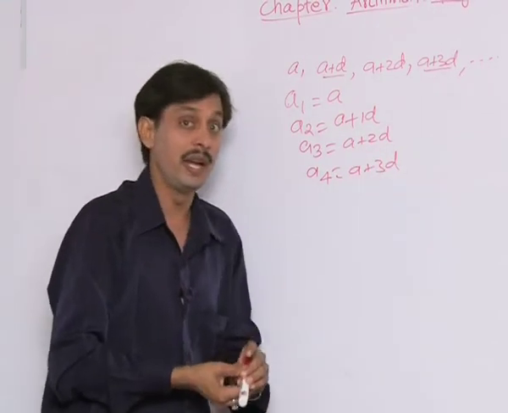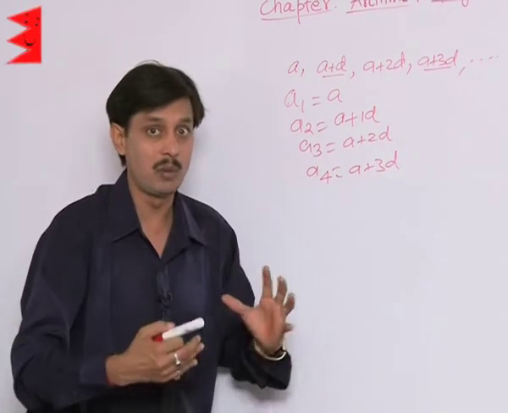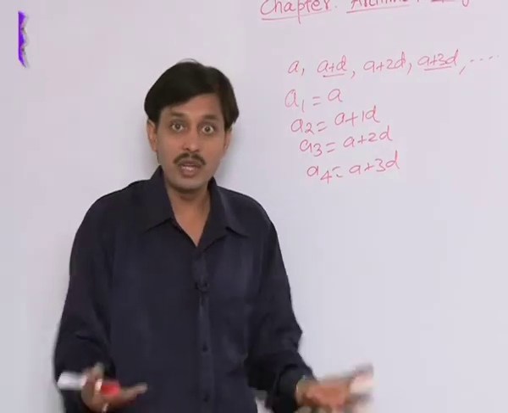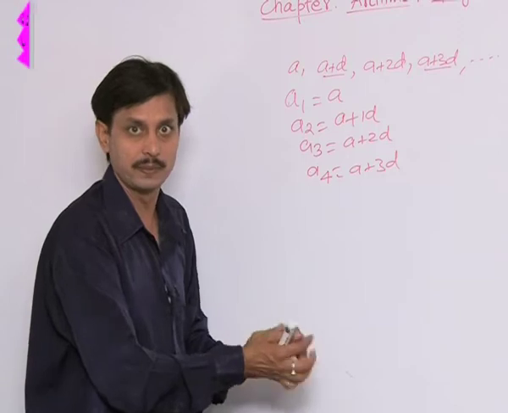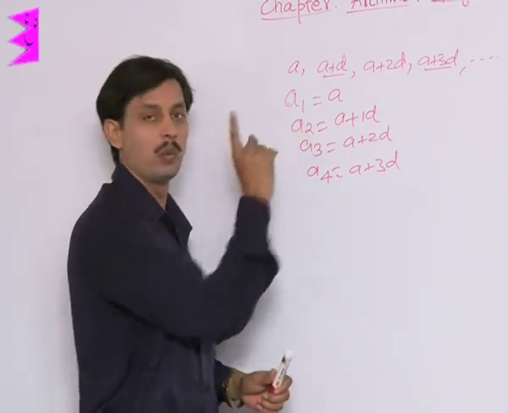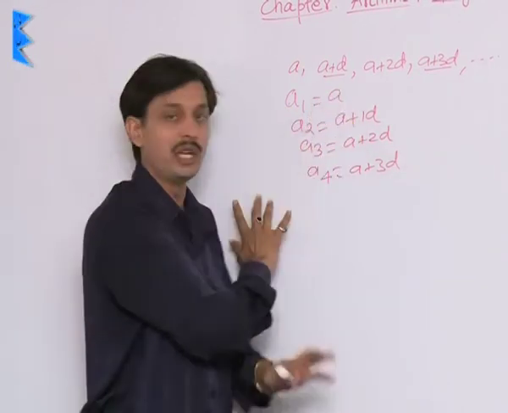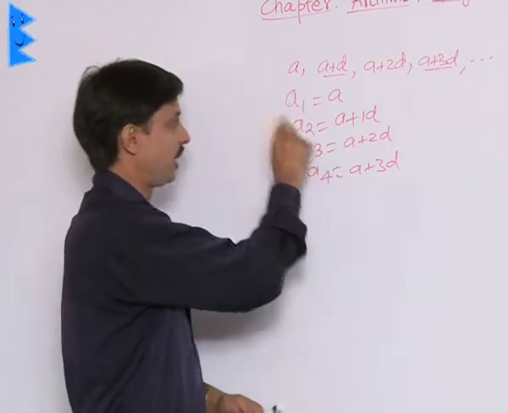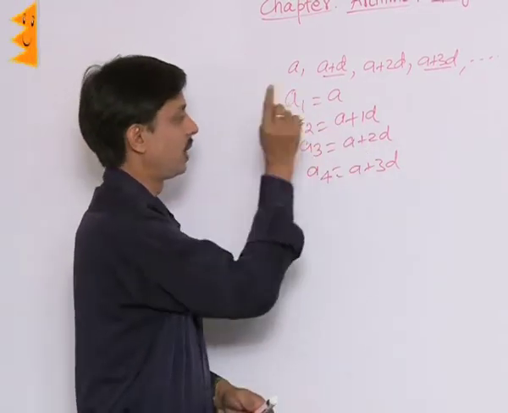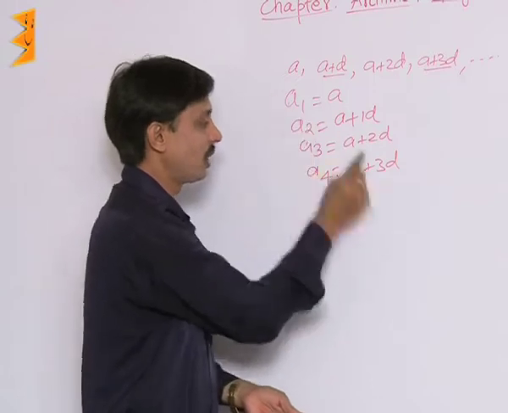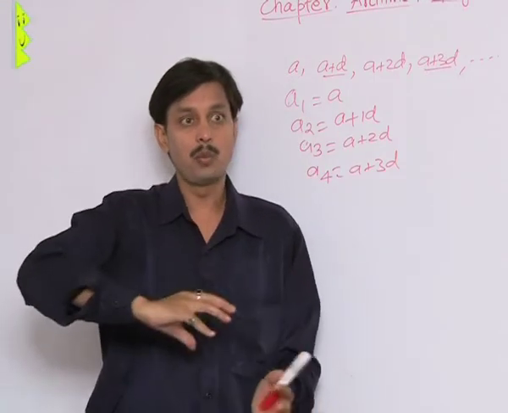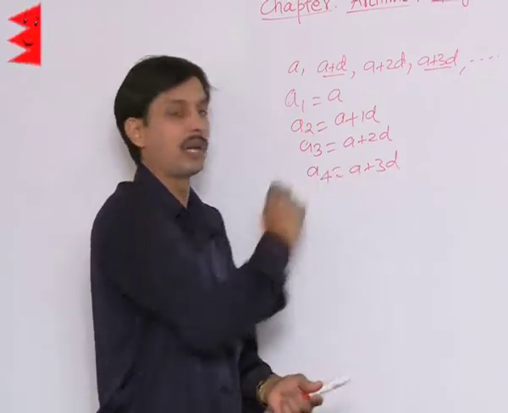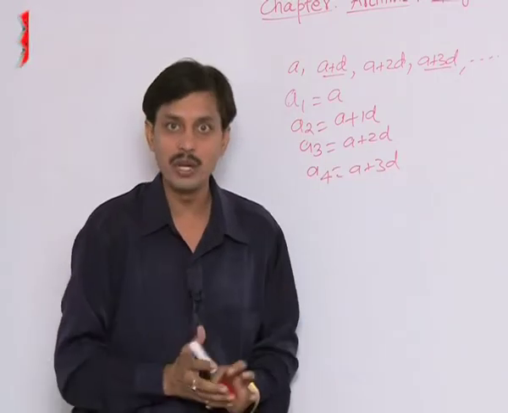So what is the pattern, what is the formula we can generate? In the first term there is no D, 0D. Second term 1D, third term 2D, fourth term 3D. So we are finding the first term plus one less than the number of the term, times D, in every term.